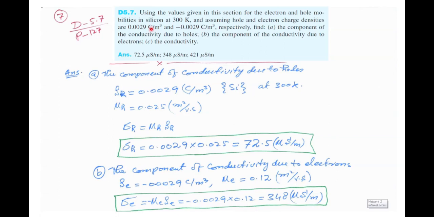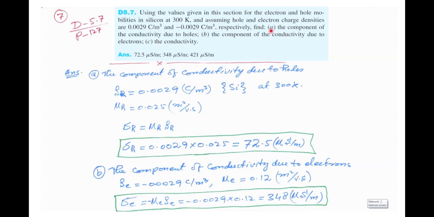The positive value of charge density represents holes, and the negative value of charge density represents the electron concentration.